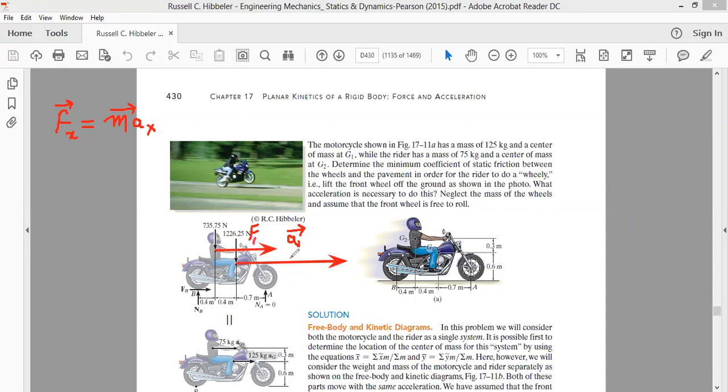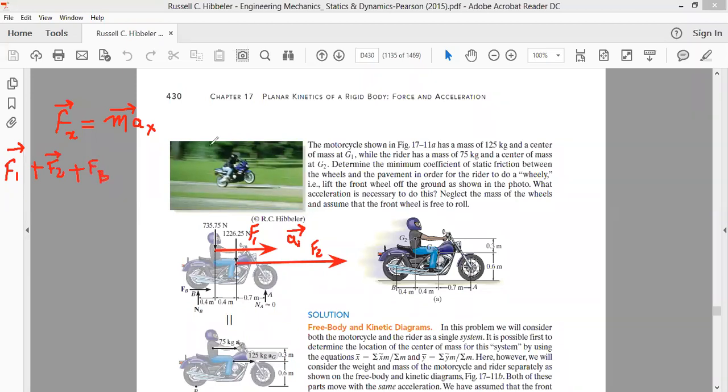Let me call this force F1, and the force acting on the motorcycle along x-axis F2. Therefore, all the forces acting along x-axis are F1 plus F2, and there is also one more force acting along x-axis, that is FB.